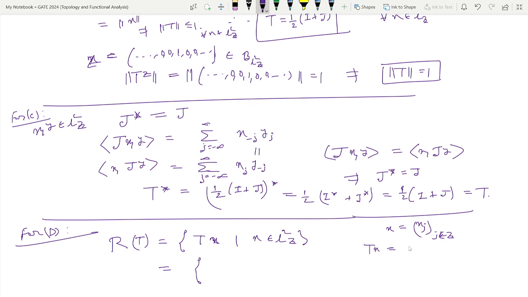So Tx looks like this: ..., the element x_{-2} plus x_2 by 2, comma x_{-1} plus x_1 by 2, comma x_0 plus x_0 by 2, that is 2x_0 by 2, that is x_0, comma x_1 plus x_{-1} by 2, comma x_2 plus x_{-2} by 2, and so on.